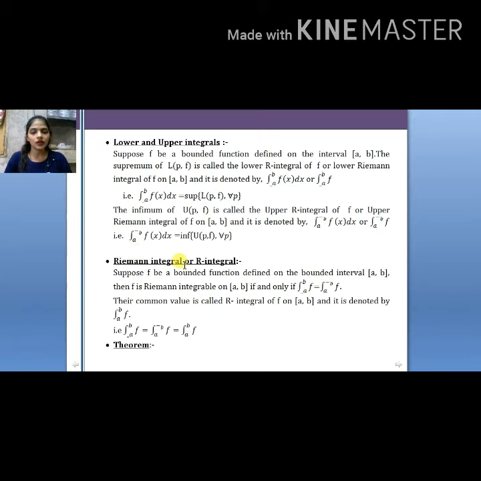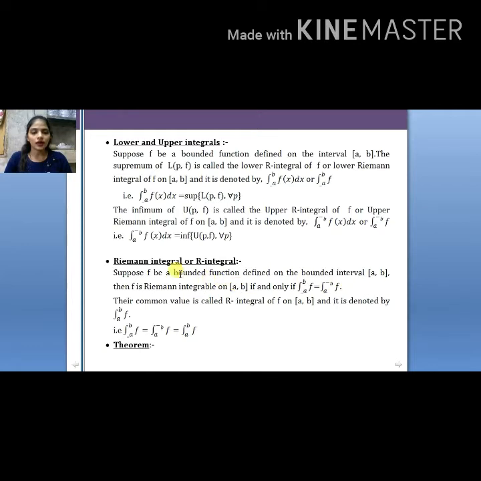Now we see the Riemann integral or R integral. Suppose f is a bounded function defined on the bounded closed interval [a, b]. Then f is Riemann integrable on [a, b] if and only if the integral from a-bar to b of f is equal to the integral from a to b-bar of f. That is, the lower integral is equal to the upper integral.